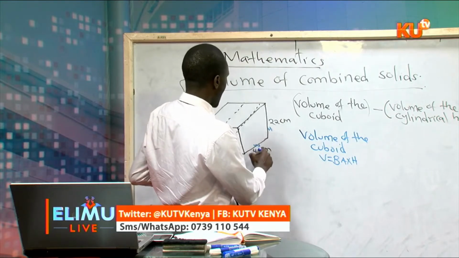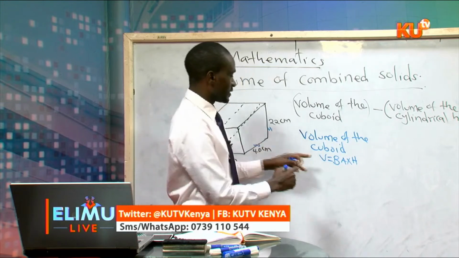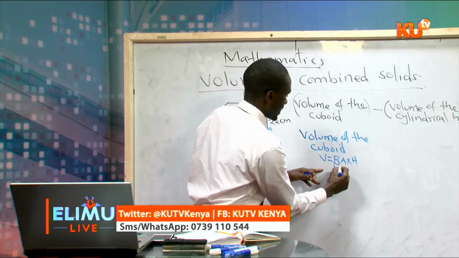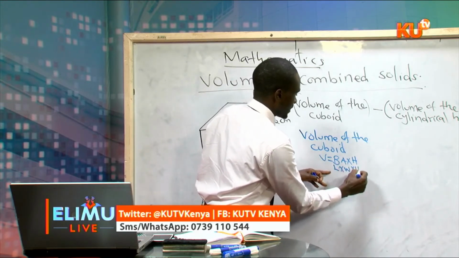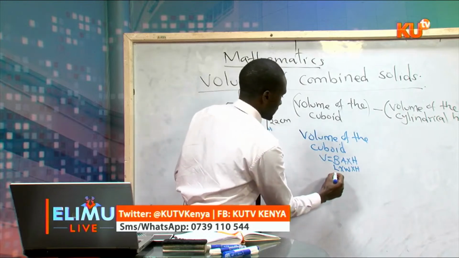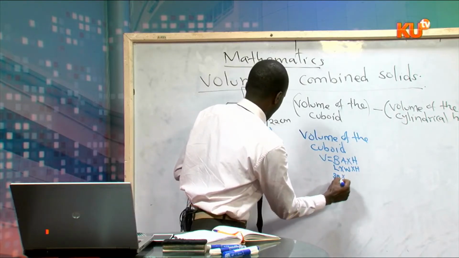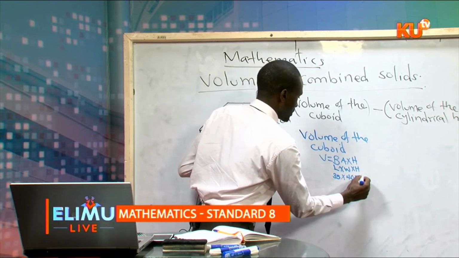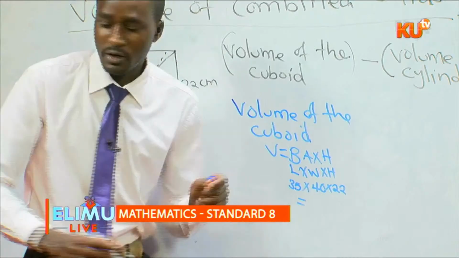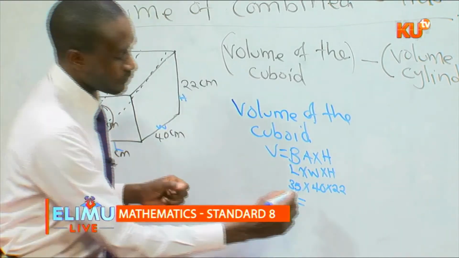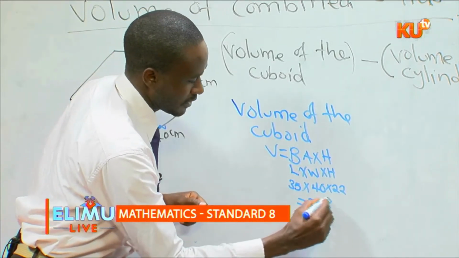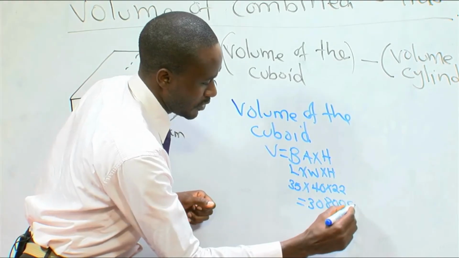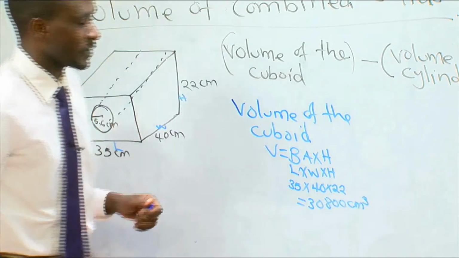This length by width is the base area. So that's length by width by height. Length is 35, by width is 40, by height is 22. That one will give us 30,800 cubic centimeter.